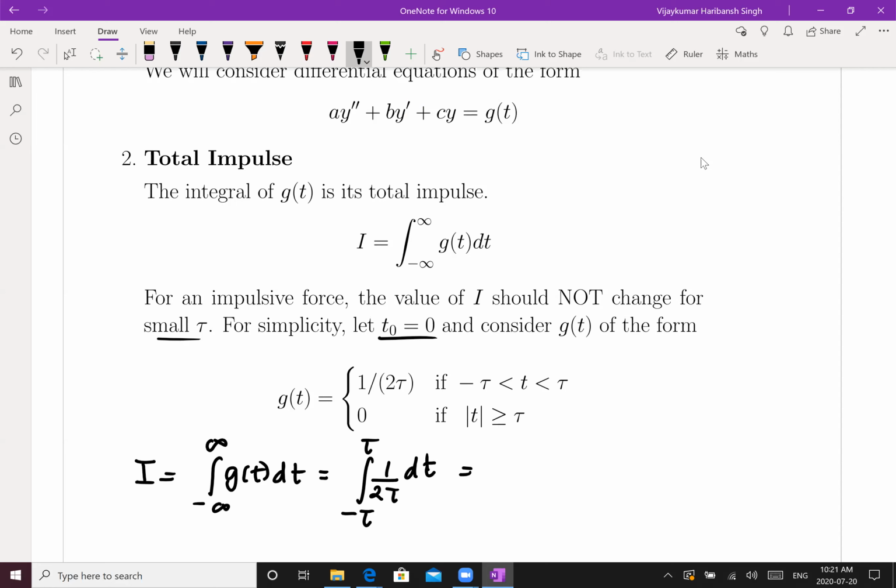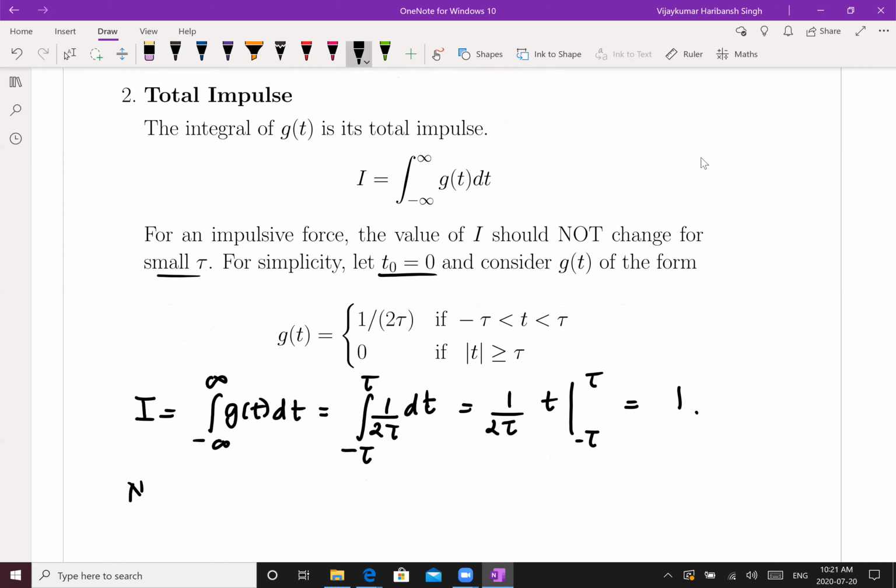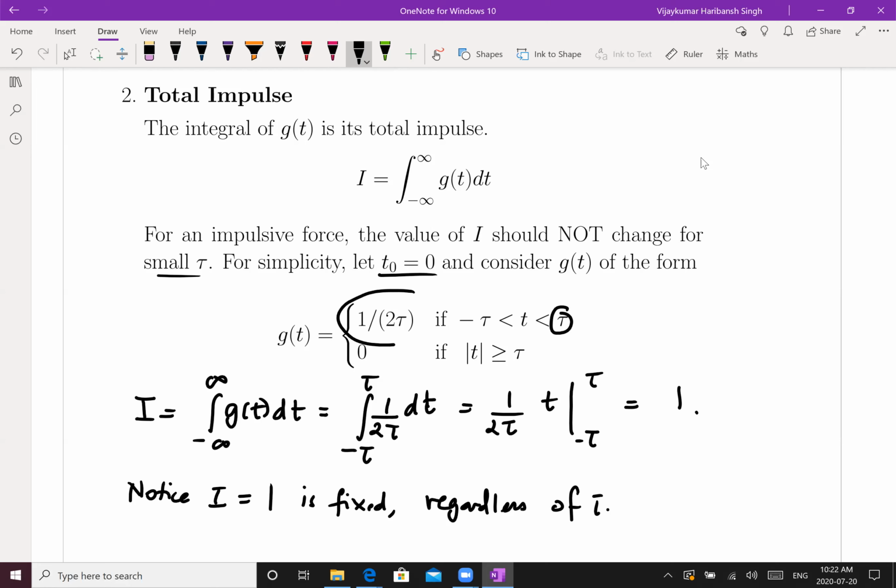So we have 1 by 2 tau times t, evaluated from minus tau to tau, and when you substitute, you get 1. So notice that I is 1, fixed regardless of tau. Note that the smaller your tau is, the bigger this force is going to be, right?